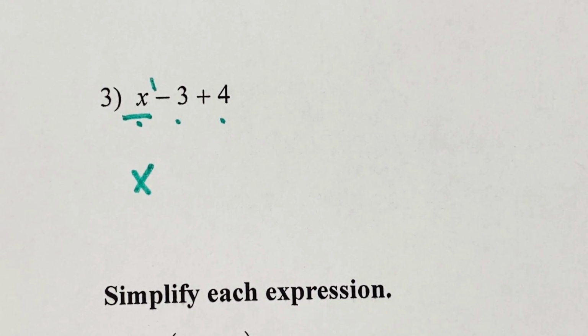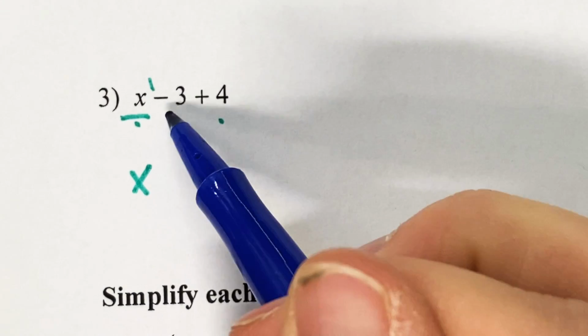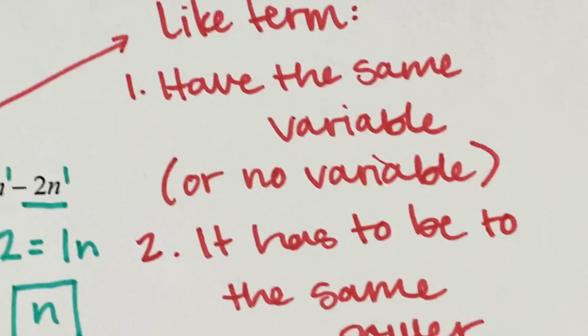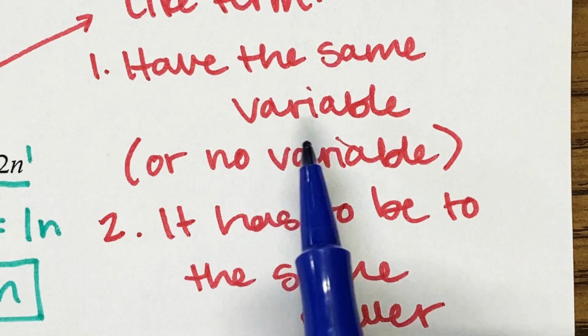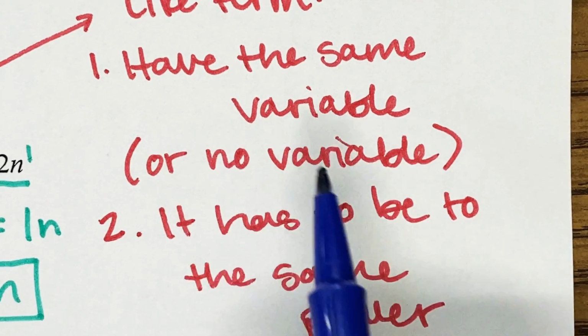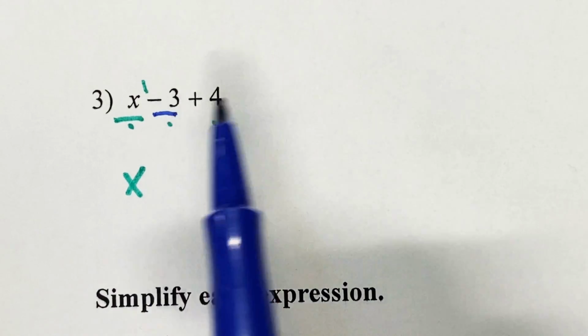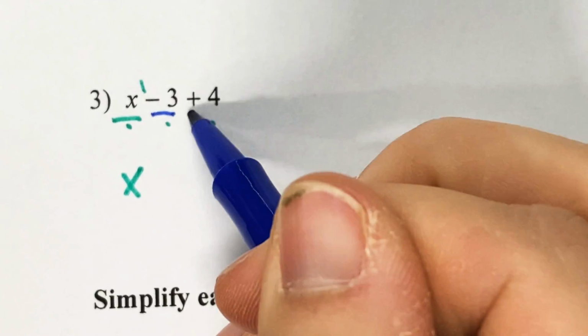Now let's look at negative 3 and 4. Notice in order for it to be a like term, it either has to have the same variable or they both don't have variables. So look at negative 3 and 4. These guys both don't have variables, so they are like terms.